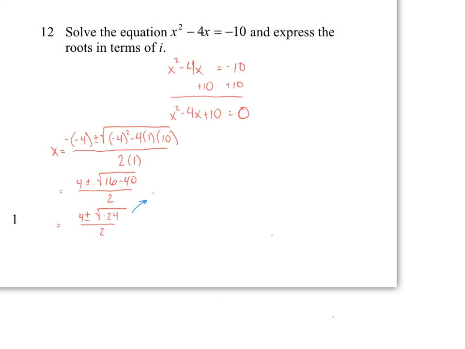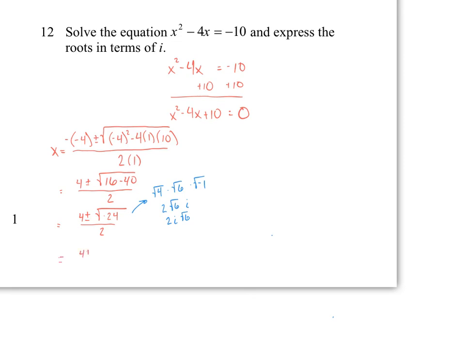We can break this down as the square root of 4 times the square root of 6 times the square root of negative 1. Square root of 4 is 2. Square root of 6 is still just the square root of 6, but the square root of negative 1 turns into i, so we would rewrite this as 2i radical 6. And that's what we'll do in our next step.